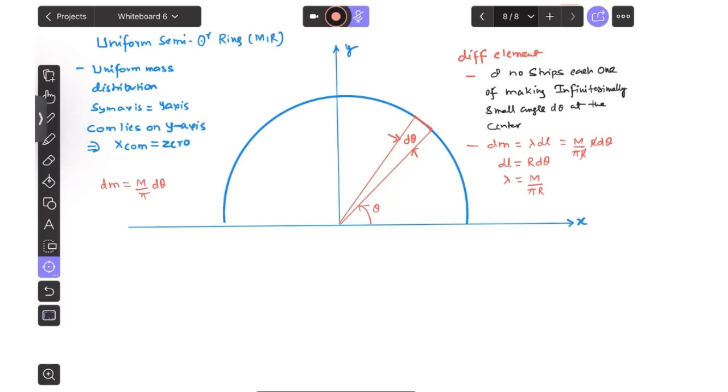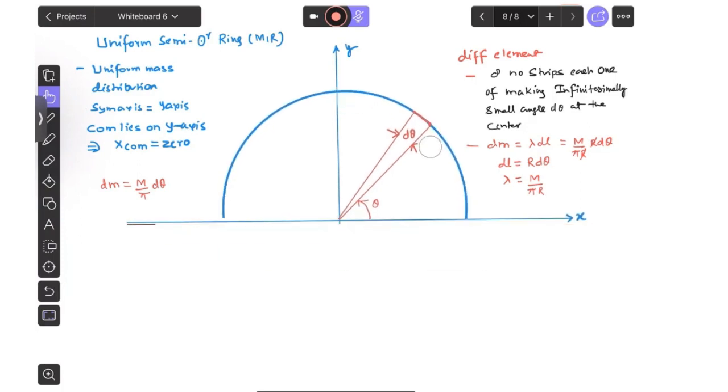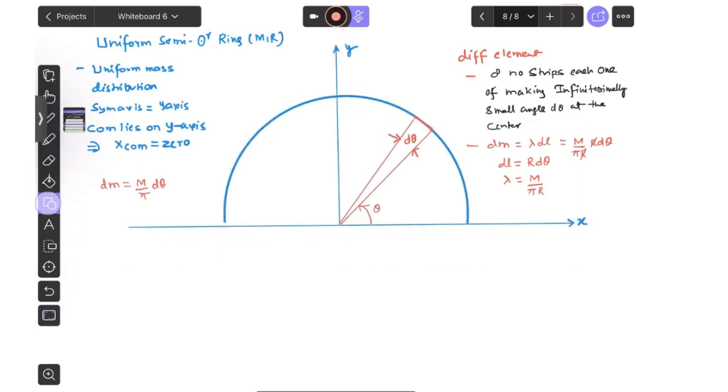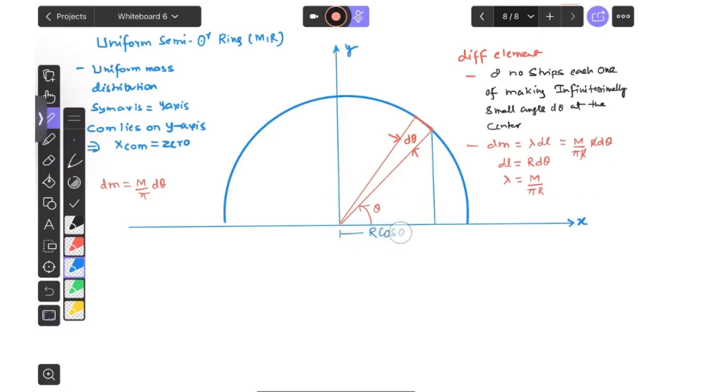And if I ask you what the x coordinate of this guy is, you will literally think d theta is 0 and then report the x position. So to find the x position, you will drop a perpendicular, and you can tell the base of the perpendicular here is r cos theta, and the height of this guy is r sin theta, no?